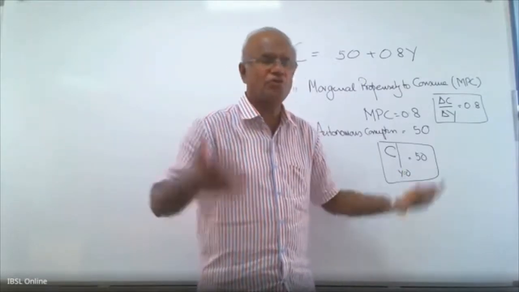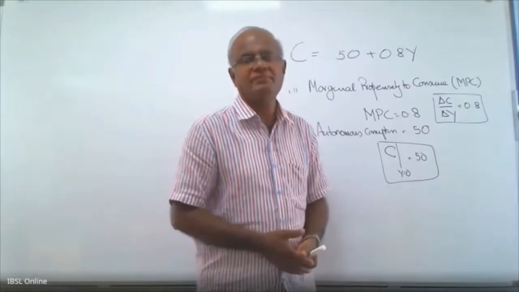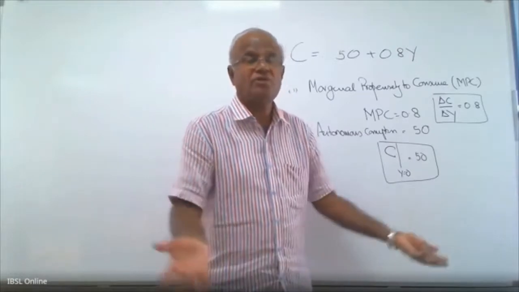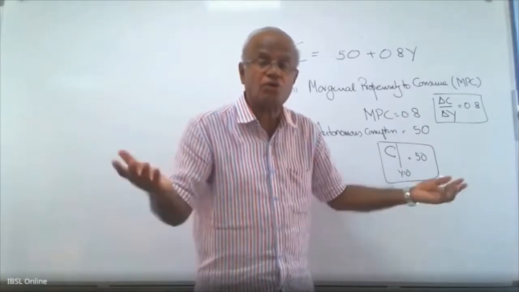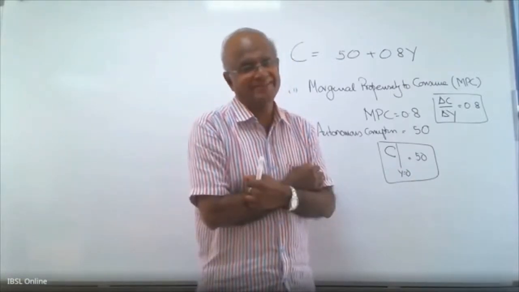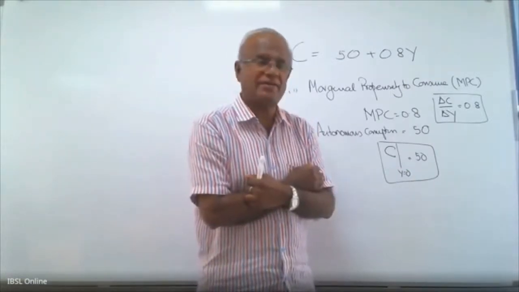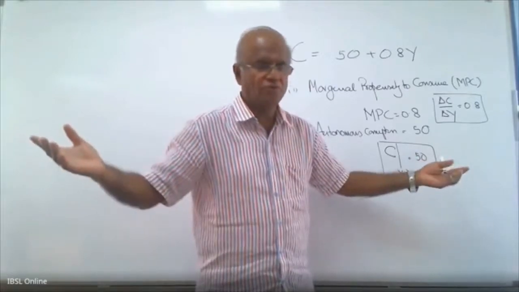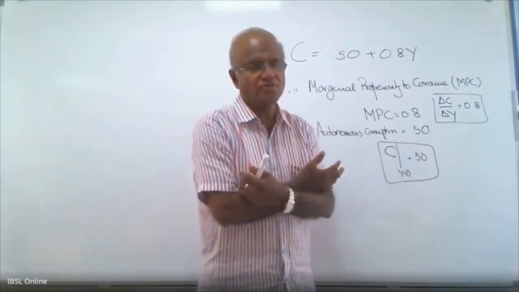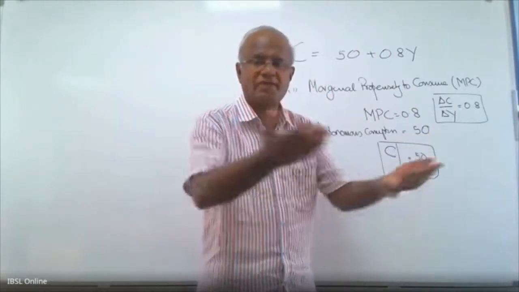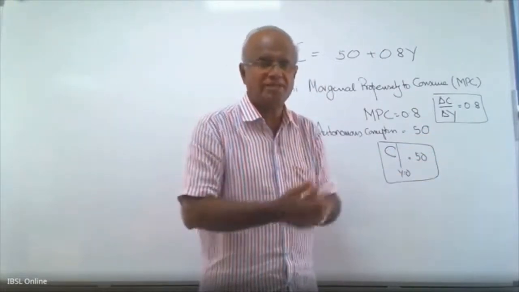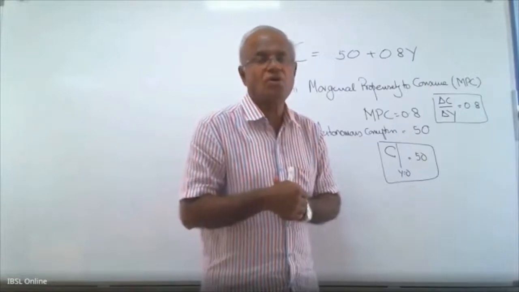Even if a household does not get any income for a particular month, you have to consume. That level of consumption is called autonomous consumption. Even for the country, if income is 0, GDP is 0, total consumption should still be there. That level of consumption is called autonomous consumption.